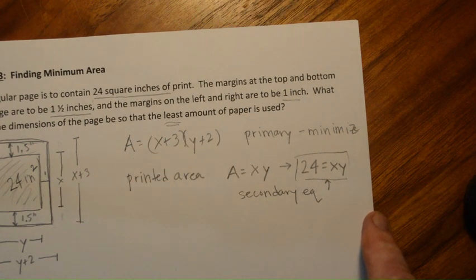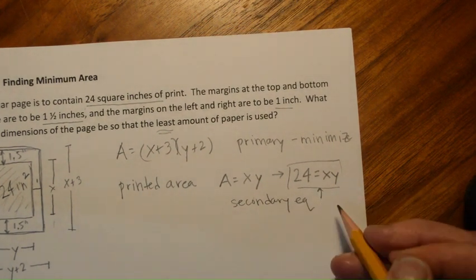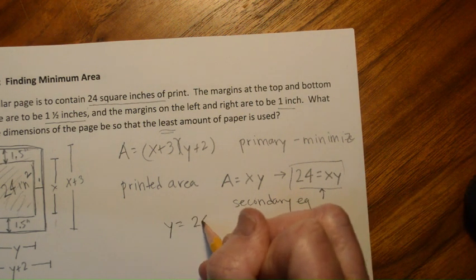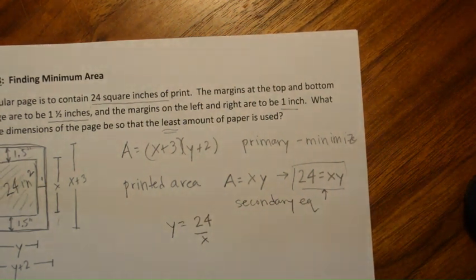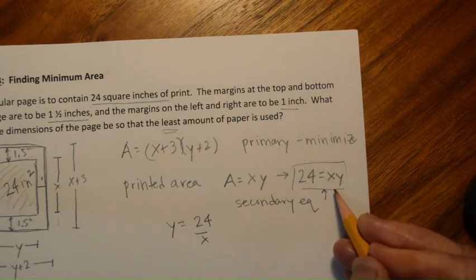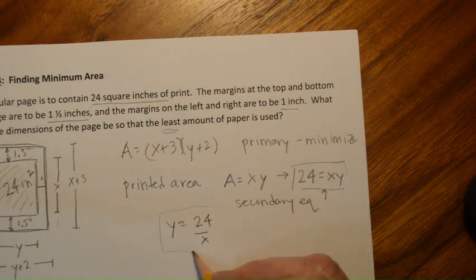So I'm just going to randomly choose one, and if we solve for y, we would end up with y equals 24 over x. Again, you could choose to solve for x and get x equals 24 over y, but we're going to go with that.